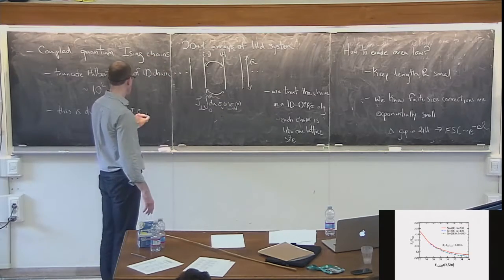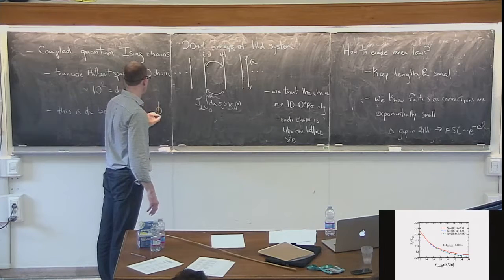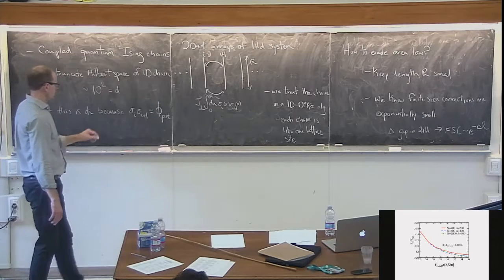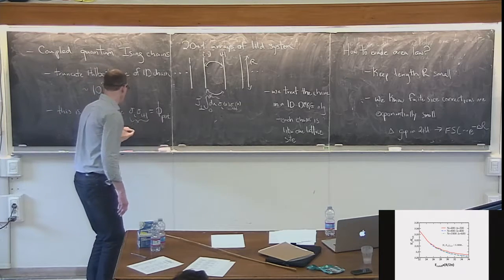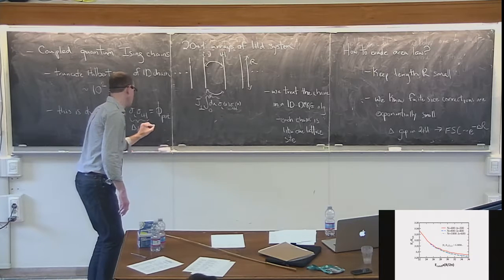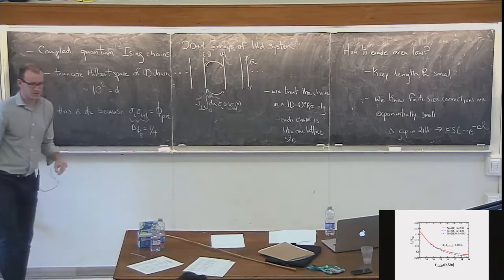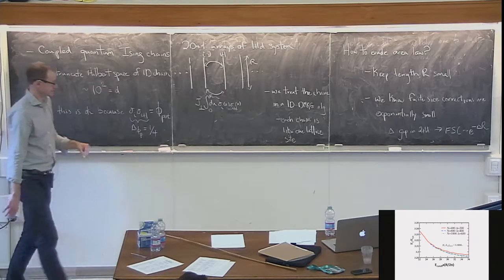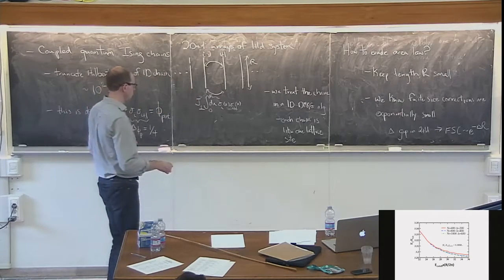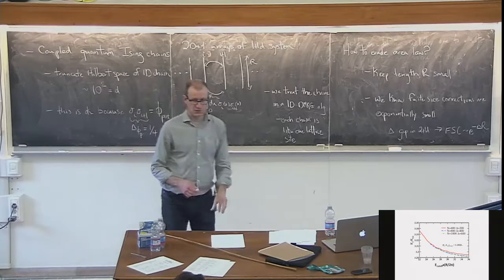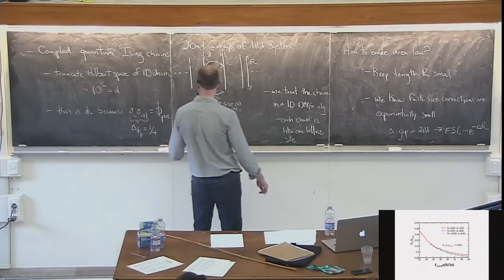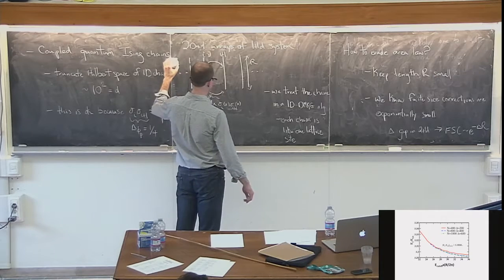So phi_i phi_{i+1} is our perturbing operator, and the scaling dimension of this is still relatively small. It's 1/4. So the truncation is not an unreasonable thing to do for this system. Okay.